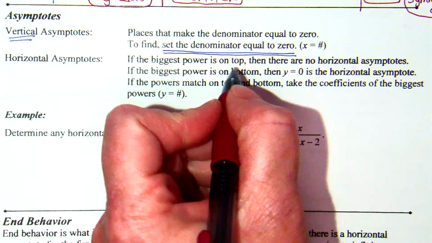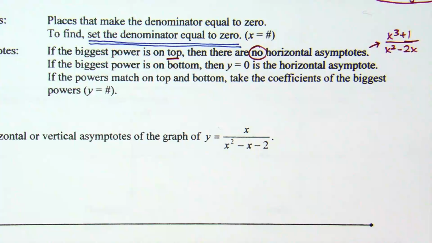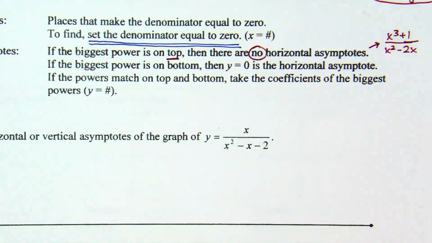For example, if you had the function x cubed plus 1 over x squared minus 2x. And I'm writing off the screen. Better? Okay. That is an example where there would be no horizontal asymptotes because where is that bigger power? On top. Because x to the third is larger than x to the second. Okay?